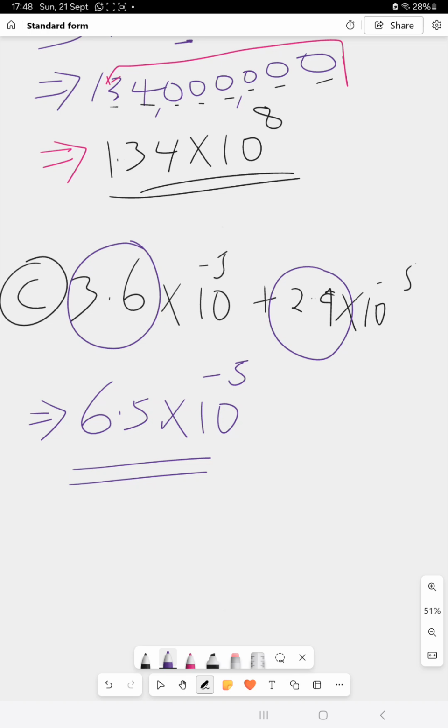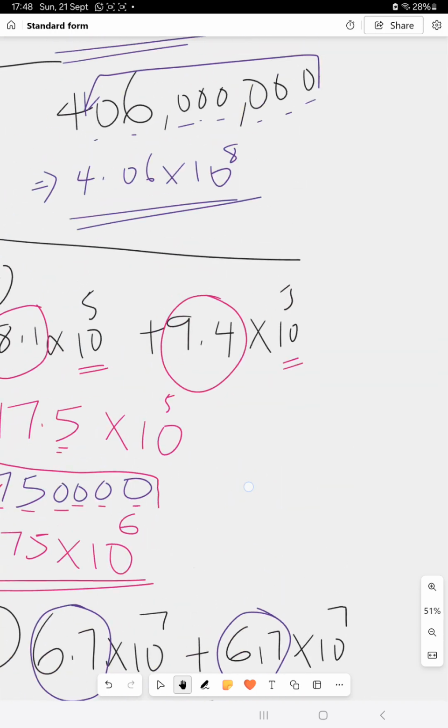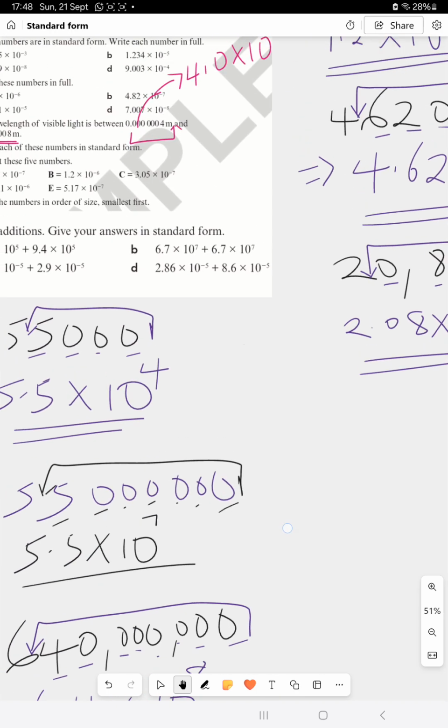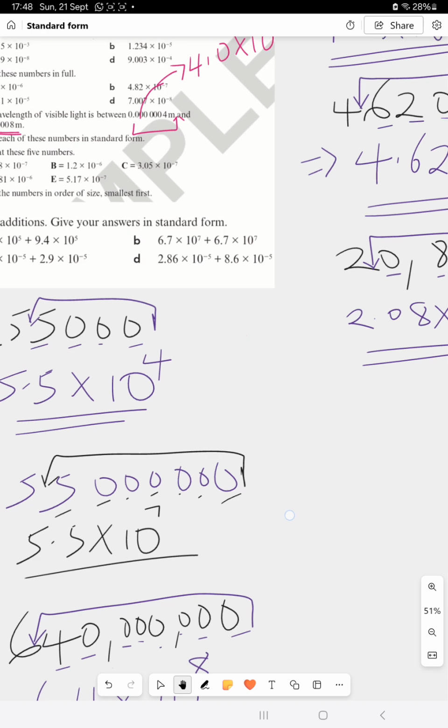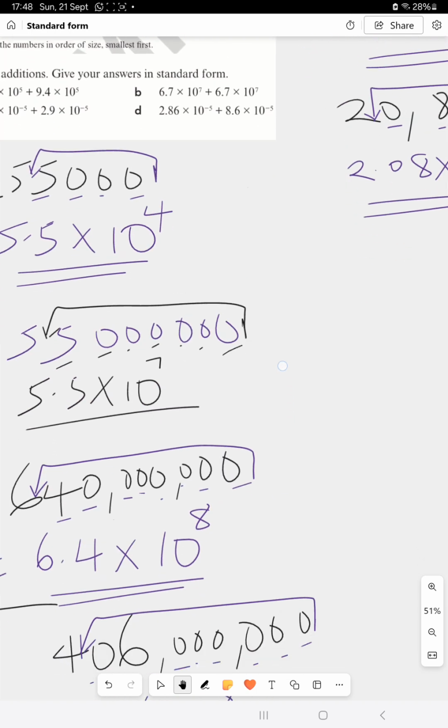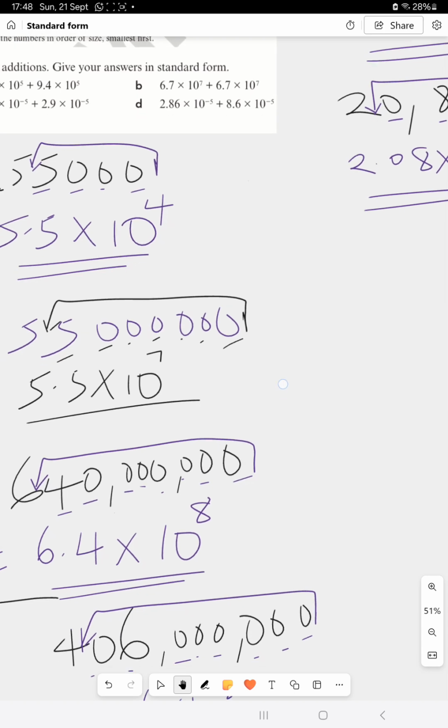And the last question in our session today is the last one. Let's check. 2.86 plus 8.6, all of them to power negative 5.